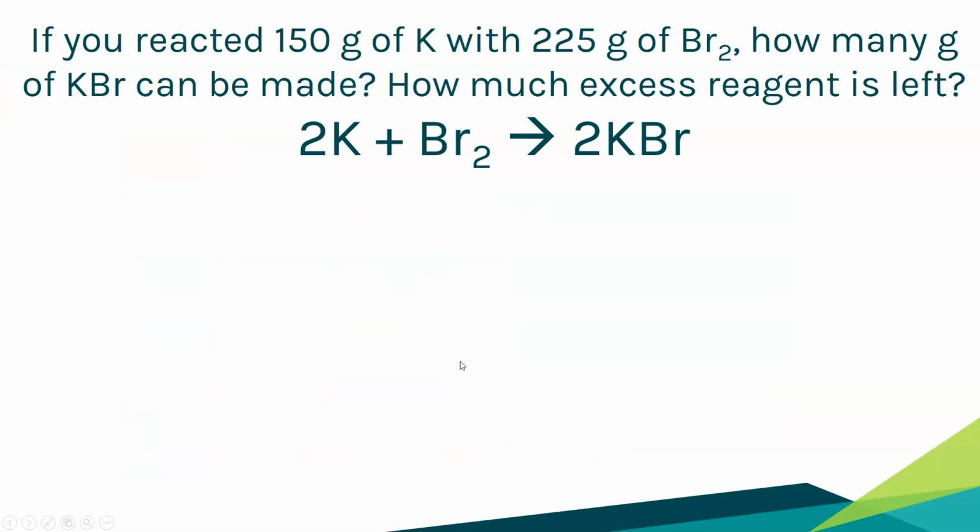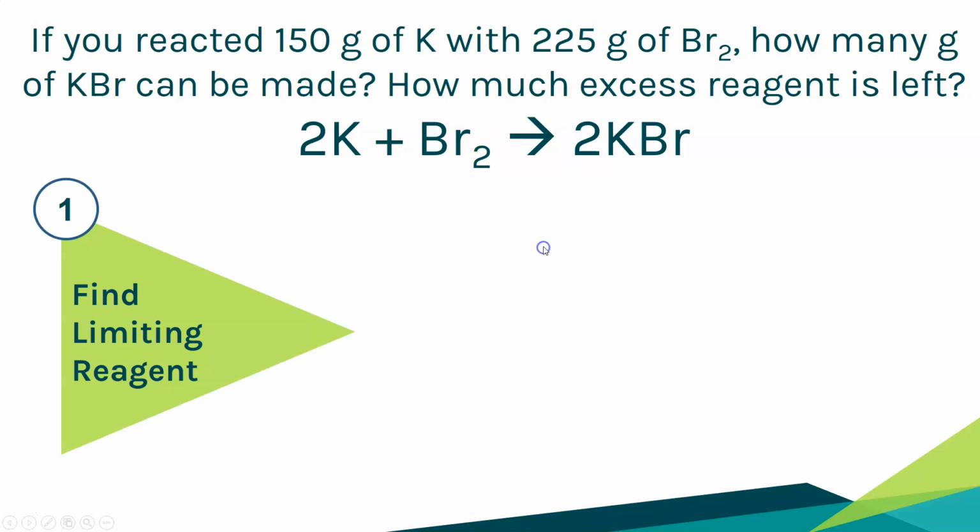So here's the first example. If you reacted 150 grams of potassium with 225 grams of bromine, how many grams of potassium bromide can be made? How much excess reagent is left? So this problem is asking us to, first we have to find the limiting reagent. I know that because I have 2 starting values.